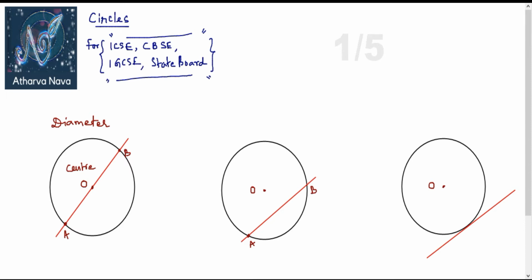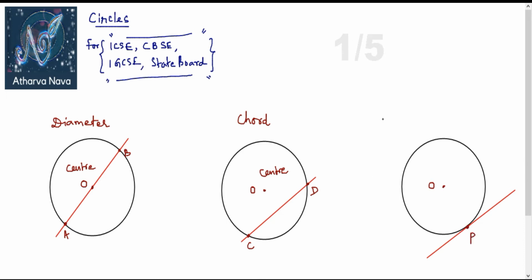Let me change the names for your convenience: say C and D. That line which is passing through the circle at 2 different points, C and D, but doesn't pass through the center, is called a chord, okay? And then the third one, you can find it is touching the circle at only 1 point.